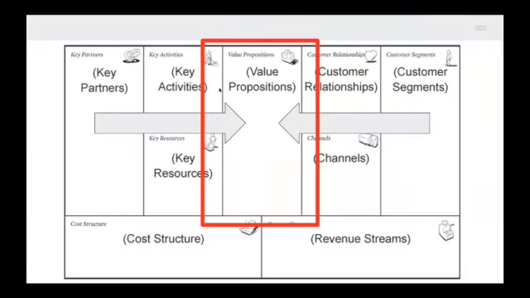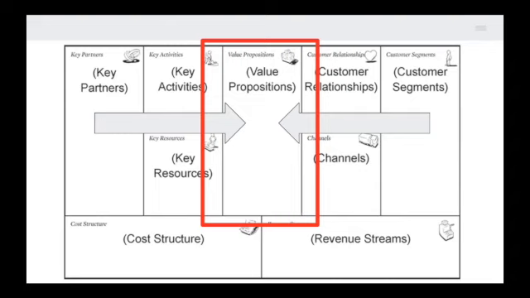Okay, excellent. So everyone kind of understands the purpose of the canvas and what it's supposed to do for you, right? I'll just go over it. The purpose of this canvas is that it's a tool that helps you visualize what everyone may be thinking about when they're talking about a potential business model.